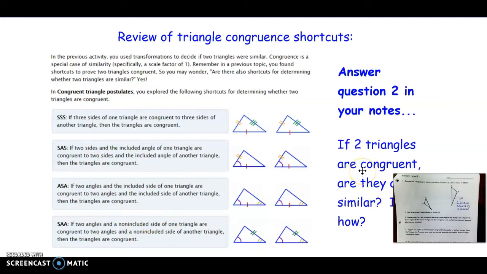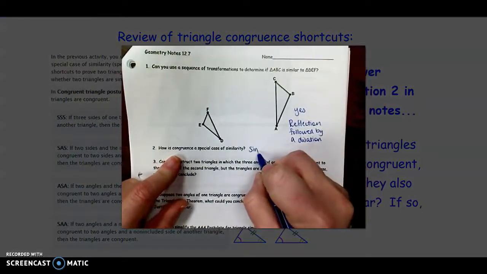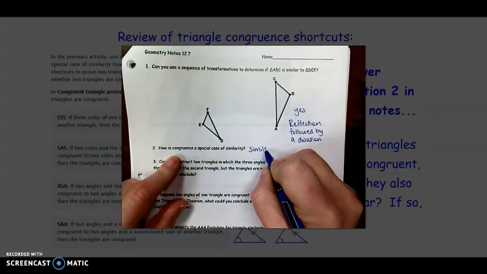So question 2 says, how is congruence a special case of similarity? Well, if we have 2 figures that are congruent, then not only are our sides proportional to each other, they are congruent to each other, which means that proportion would have a scale factor of 1. So congruence is a special case of similarity. It's similarity with a scale factor of 1.